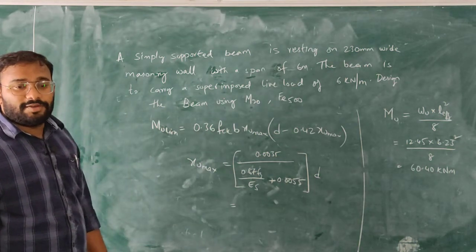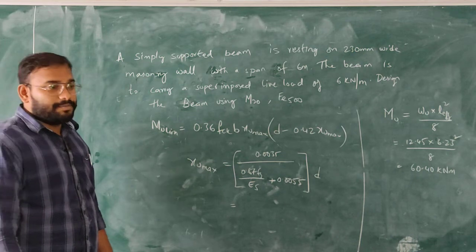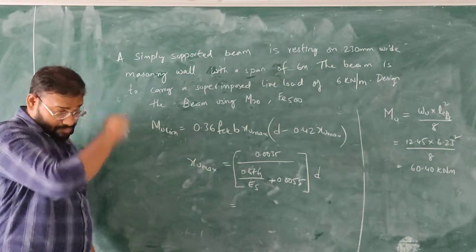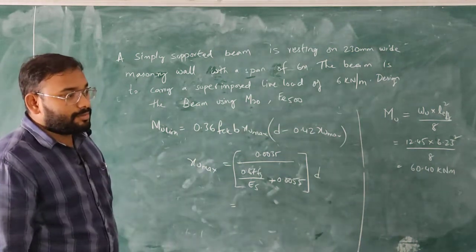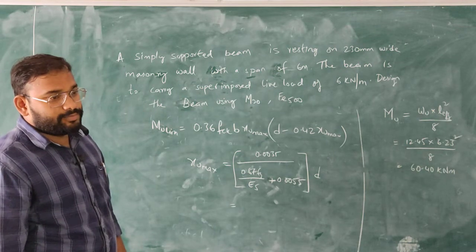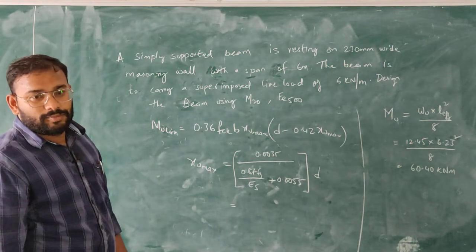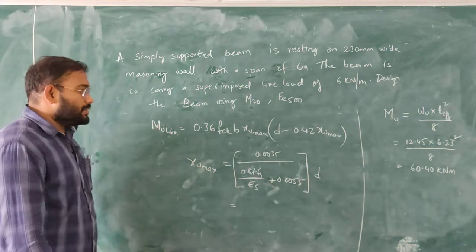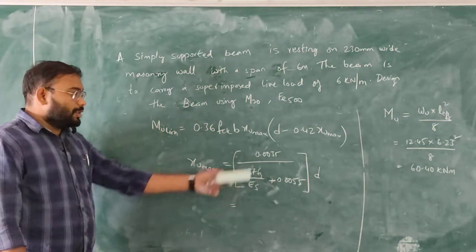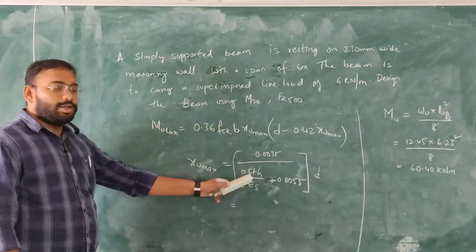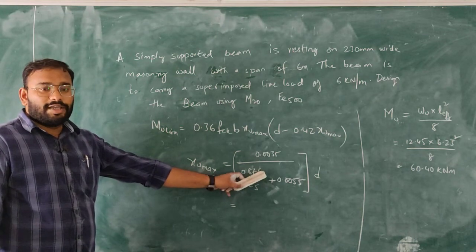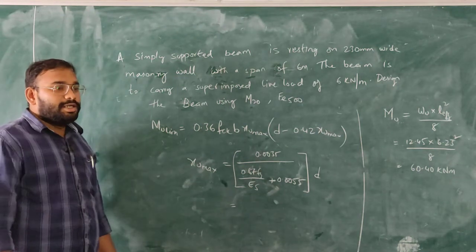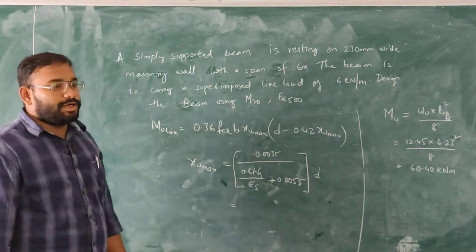Es is 2 10 to the power of 5, Young's modulus of steel. No, wrong. 0.061 is wrong. 0.0035 divided by 0.87 into 500 divided by 2 10 to the power of 5 plus 0.0055.